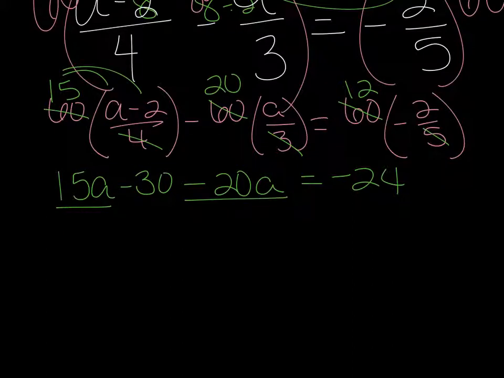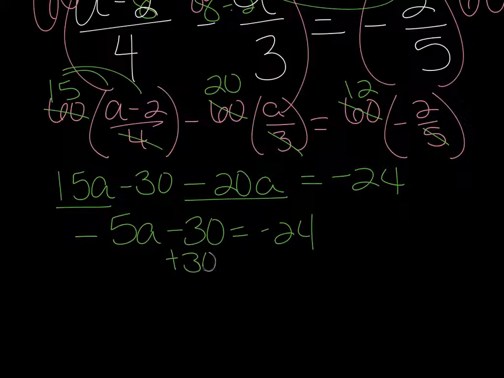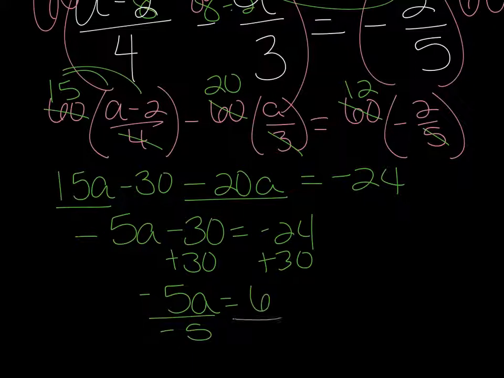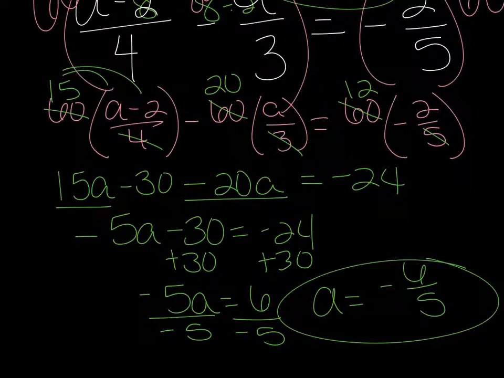If I combine my a's, 15a minus 20a gives me a minus 5a minus 30 equals negative 24. Add 30 to both sides, and we have negative 5a equals 6. Divide both sides by negative 5, and we should have a equals negative 6/5.